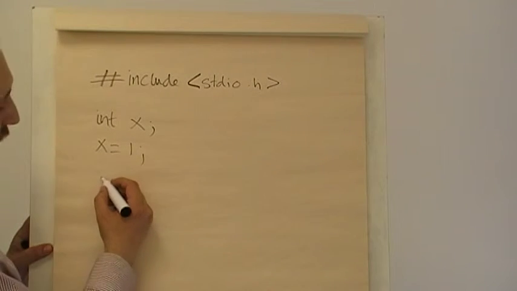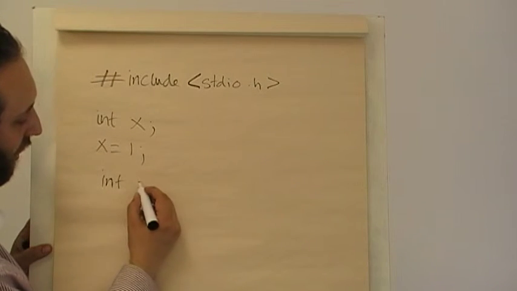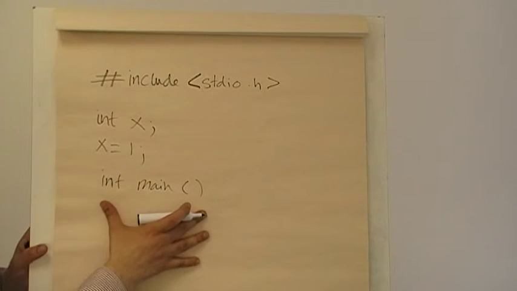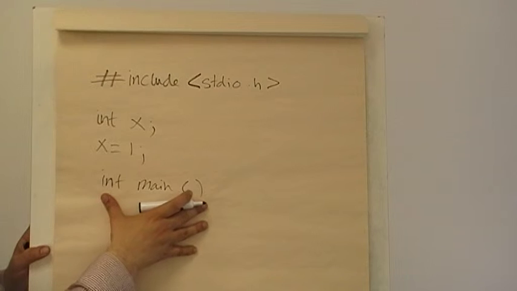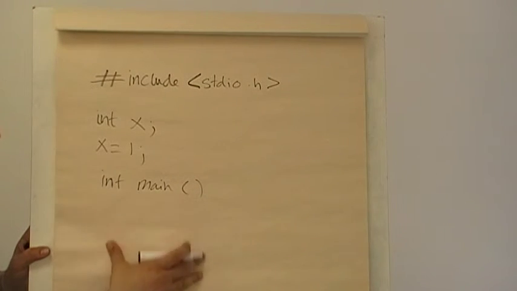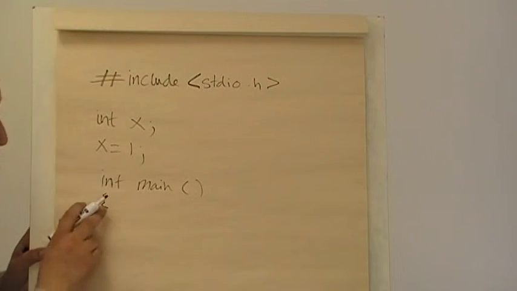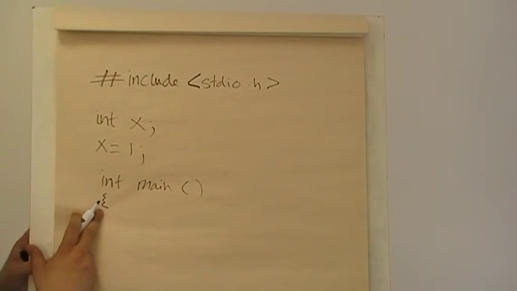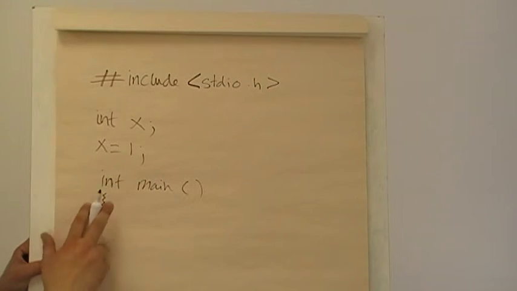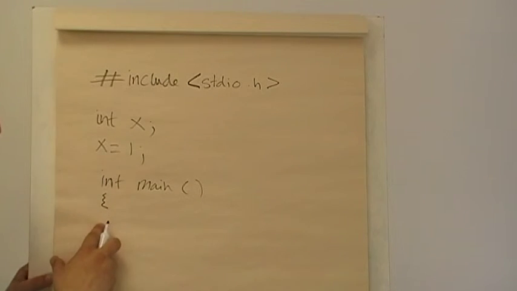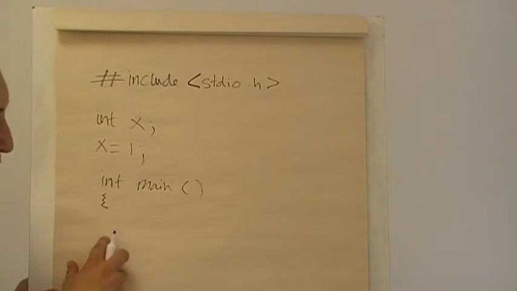Right? Next we're going to have int type main. Now I said this is the main block where the program is going to look once it starts to run. So it's going to execute something here, and we're going to open it with a curly brace, just like that. This is very common as well in PHP, C#, Objective-C, Java, same kind of idea.